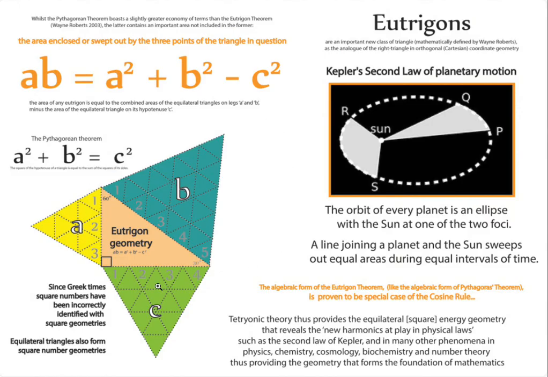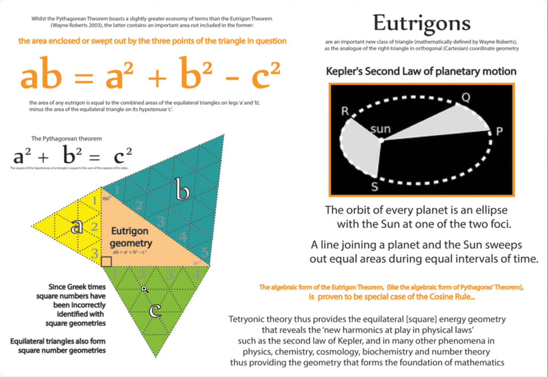Obviously we can take the changed geometry, or the re-expressed geometry of the Pythagorean theorem, and re-express it in terms of cosine rules, in which case again we can show the relationship in the case of a special cosine law of AB equals A squared plus B squared minus C squared, instead of adding them all together this time, separating them to form the Pythagorean theorem.